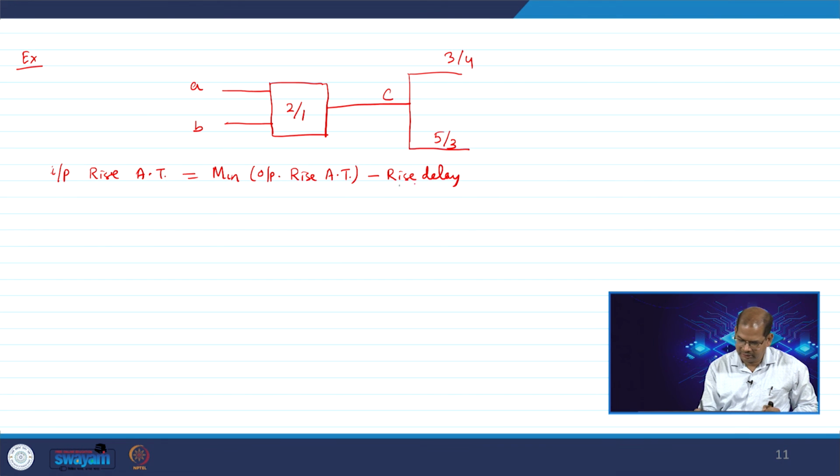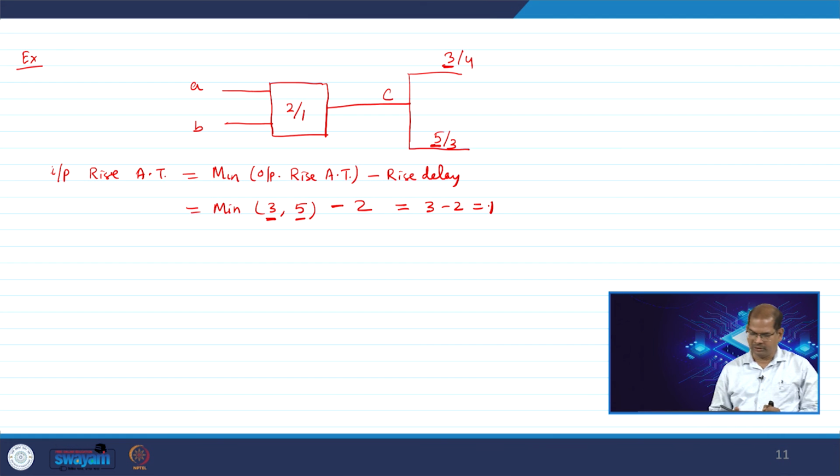Here, the output rise arrival times are 3 comma 5. This 3 corresponds to this 3, this 5 corresponds to this 5, minus rise delay 2. So, this will be basically 3 minus 2, which is 1. The input rise arrival time is 1.